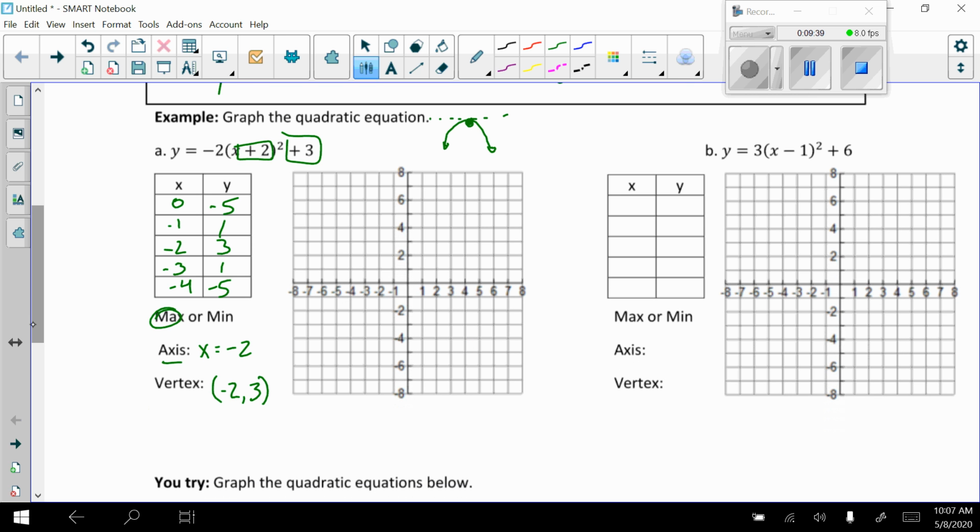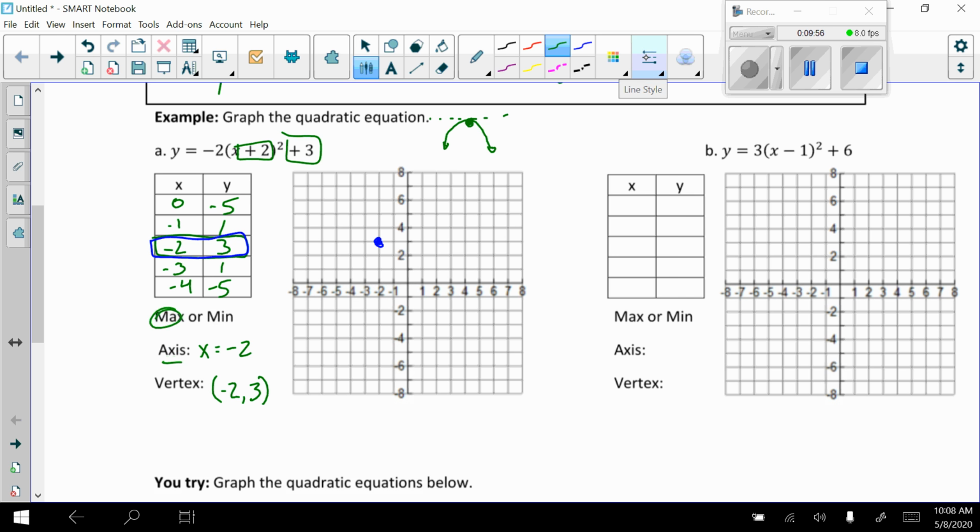All right, I'm just going to go plot these points. Let's go plot the vertex first. We'll do the vertex in blue. Change up the color. So the vertex is -2, 3. So I go back 2, up 3. There's my vertex. Okay.